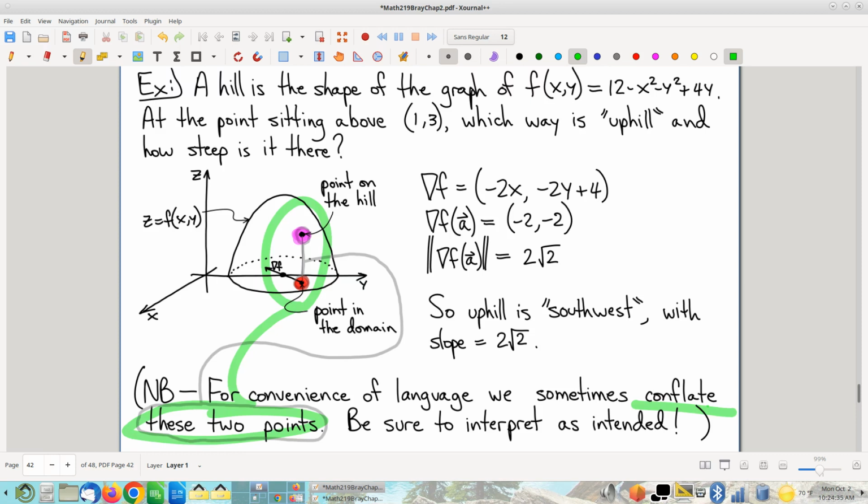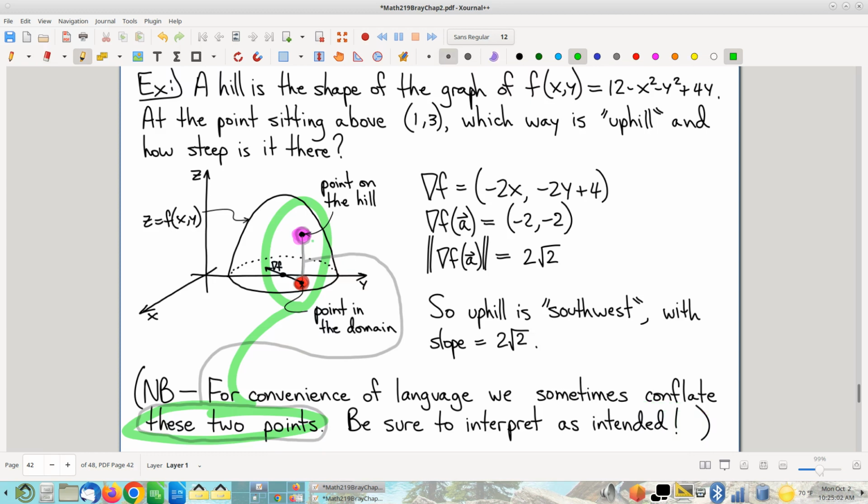Of course they're not the same, but it's so obvious that they're not the same that the context should always be the guide as to which one I actually meant. I hope that makes sense. So heads up for that. I'm going to be doing that throughout this exercise, and you'll see this in many other contexts as well.